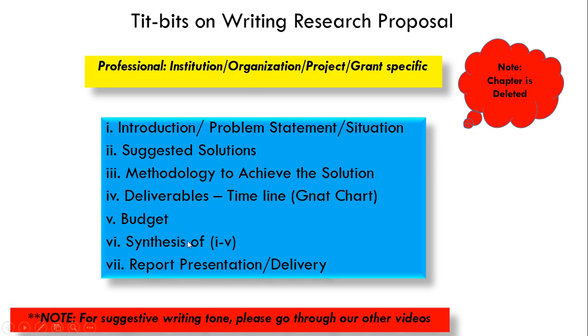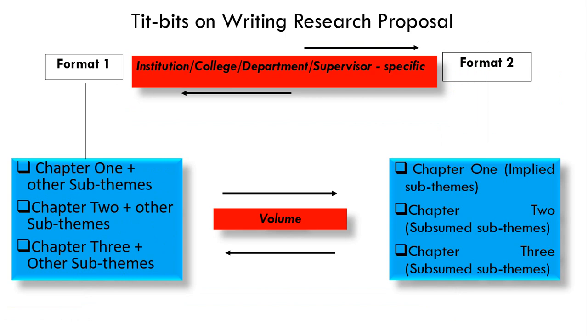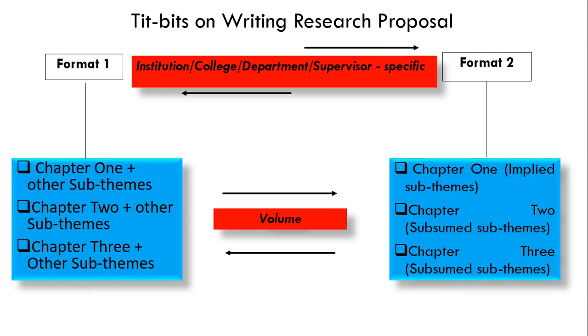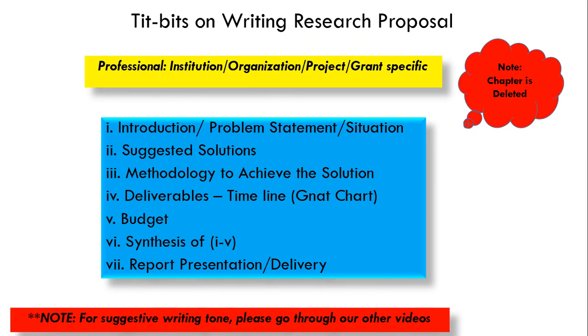Then thereafter you are expected to synthesize all of these together, and you now present or deliver your proposal. Now, one difference you see between the academic and the professional research proposal is that you can notice that often the academic comes with chapters and sub-chapters, while from a professional point of view you may not completely need to specify those chapters going forward.